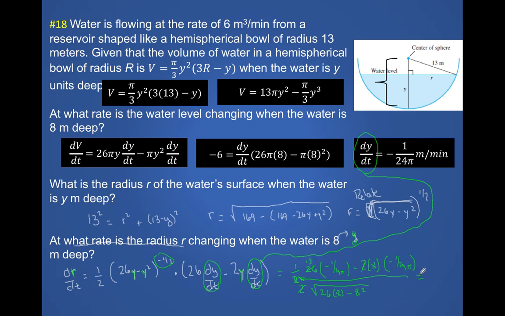And then I do a bunch of math, a bunch of fraction work, and I end up with negative 5 over 288 pi. And what are my units? My units are meters per minute. Phew. All right.